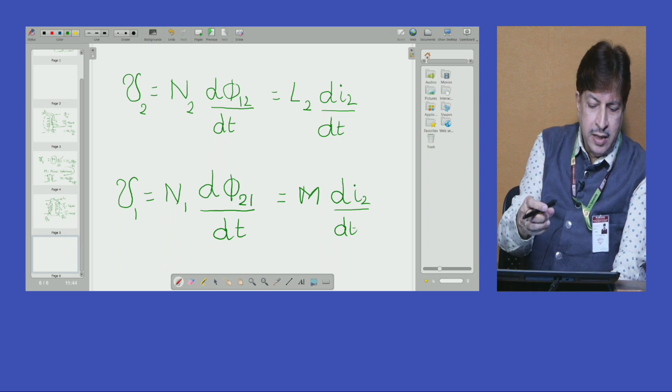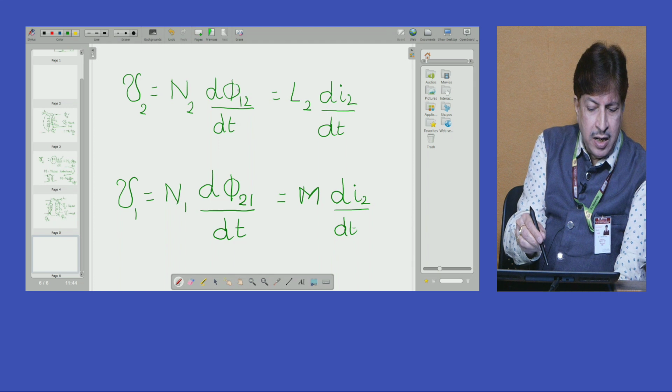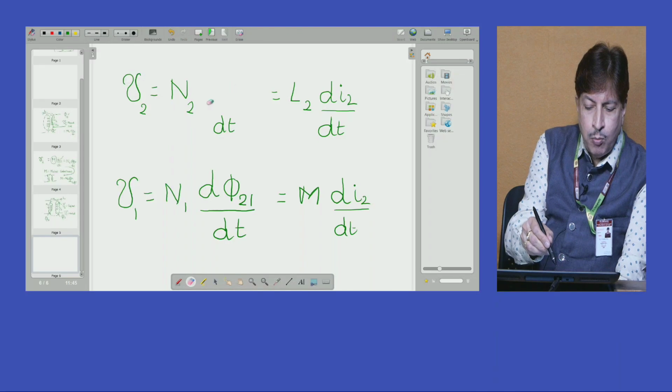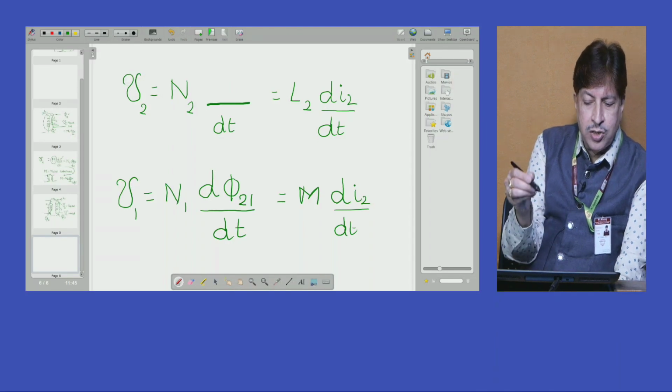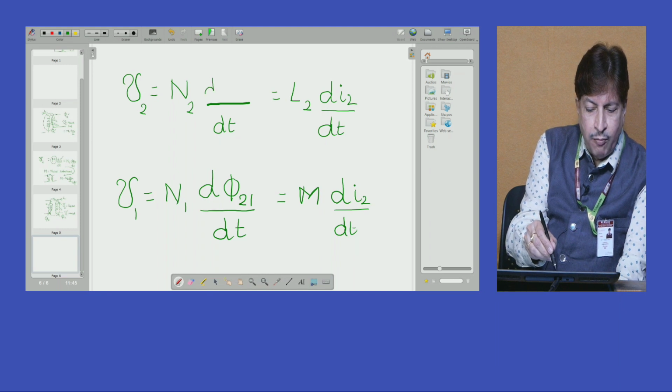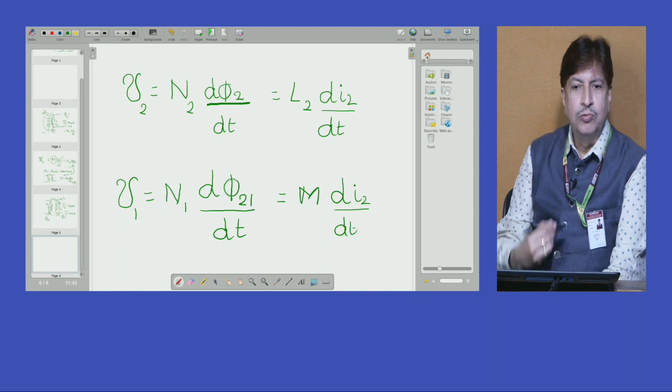Here the flux developed in coil number 2 is not phi 1 2. The flux developed in coil number 2 because of the current flowing through it is phi 2.